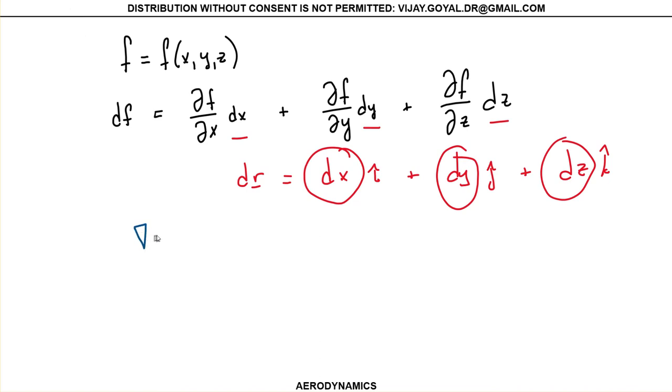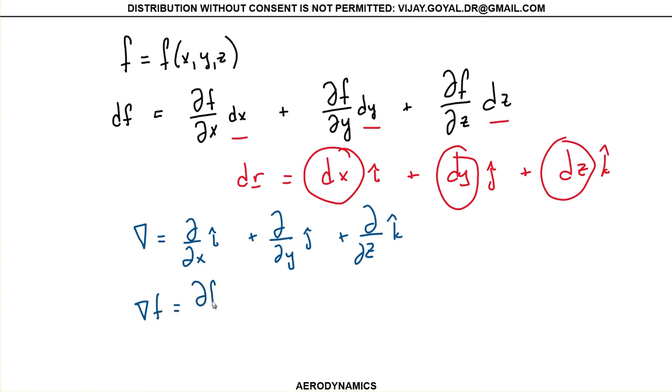The gradient vector is nothing else than partial of x i plus partial of y j plus partial of z k. So then the gradient of f will be partial of f with respect to x i plus partial of f with respect to y j plus partial of f with respect to z k.